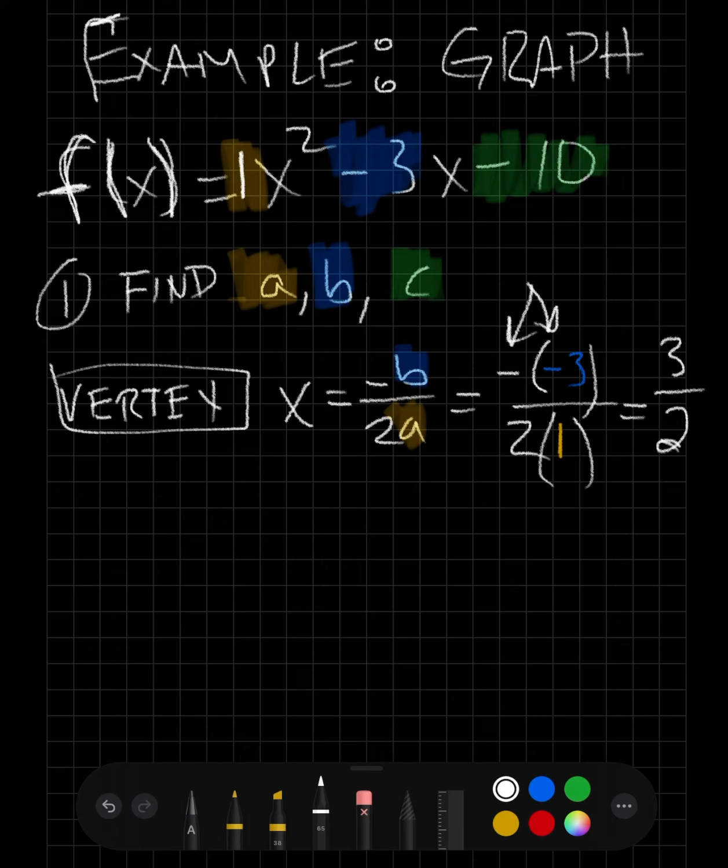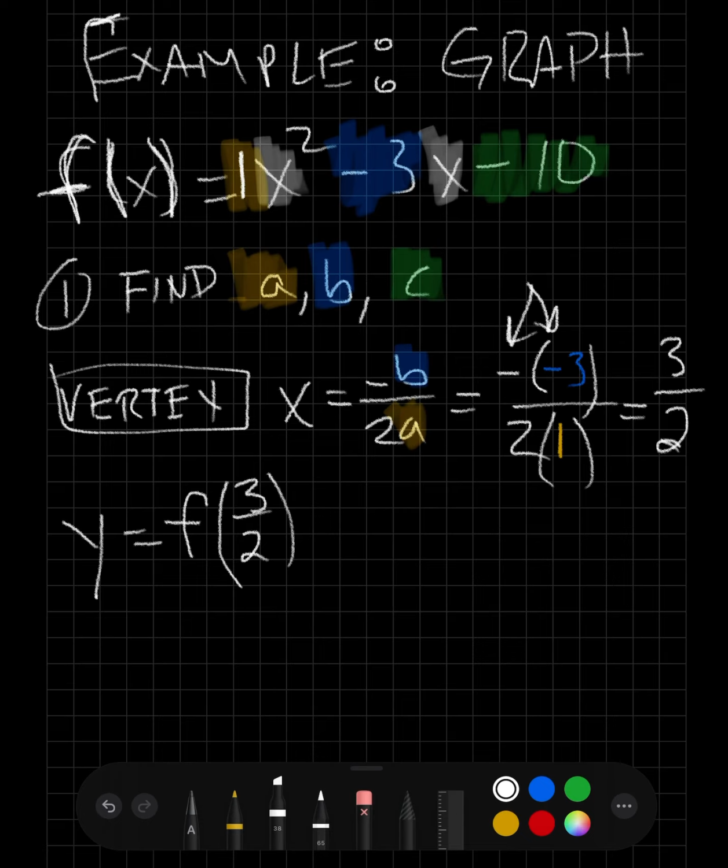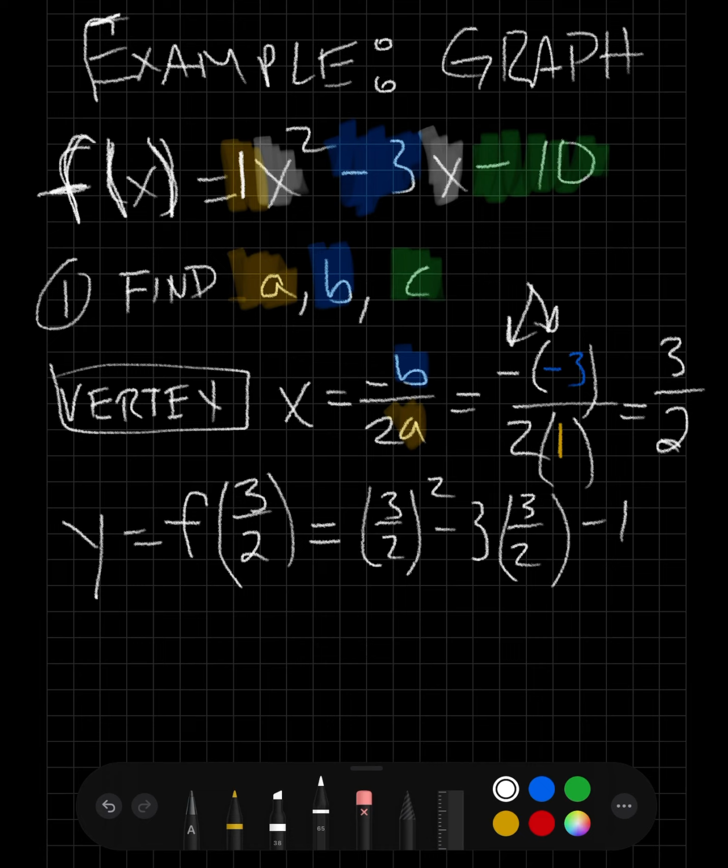3/2. To find the y coordinate, I'm going to plug in 3/2 into my equation. So everywhere that I see an x value here, I'm going to plug in that value, and then I'm going to solve and simplify. So this is going to be 3/2 squared minus 3 times 3/2 minus 10.